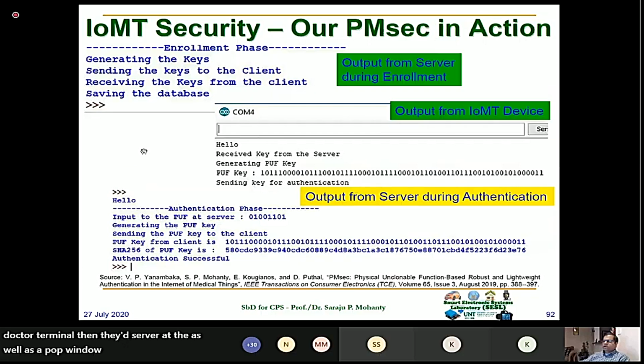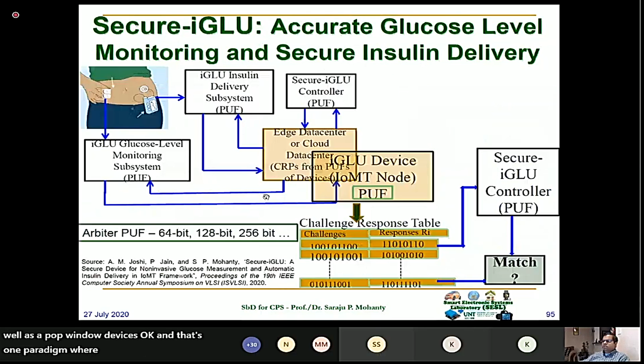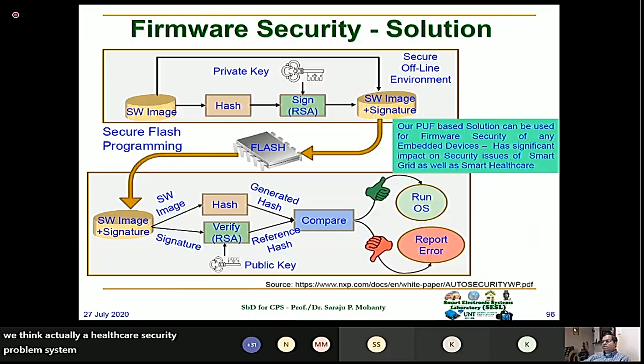Okay, that's one paradigm we experimented with that works with a ring oscillator, and this is an arbiter PUF based security mechanism, with different PUFs and so on, and this also has been validated and works with high reliability. So a lot more work can be done. This is just a beginning. Okay, and with this we think the healthcare security problem, the healthcare cyber-physical system problem, can be solved with very minimal overhead.